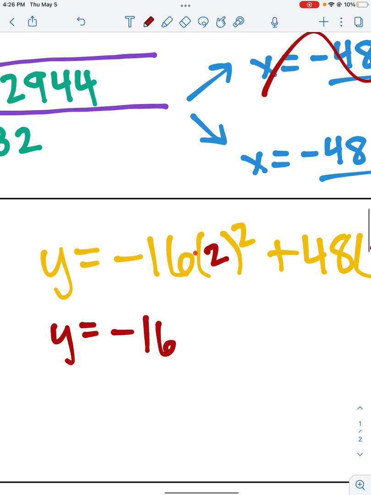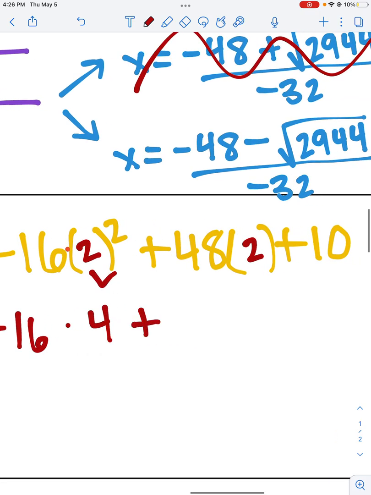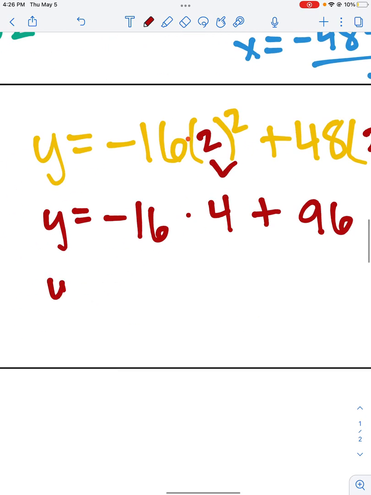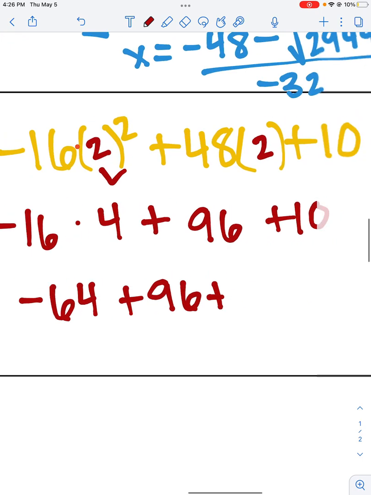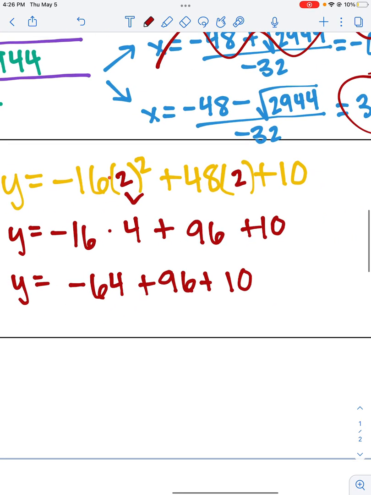So negative 16 times 2 squared, which is 4, plus 48 times 2 is 96, plus 10, and then negative 16 times 4 is negative 64, plus 96, plus 10.